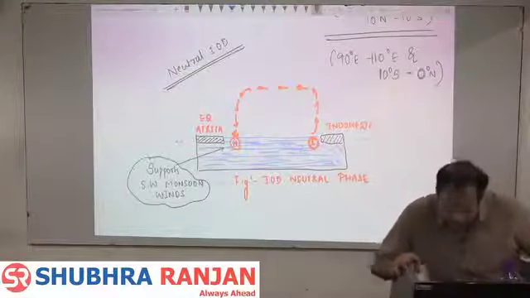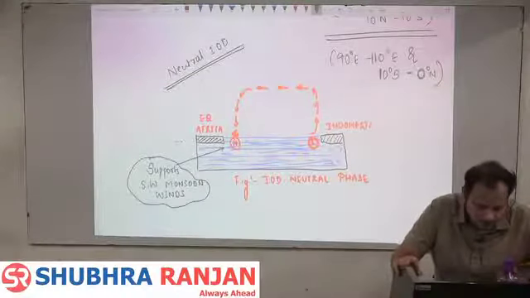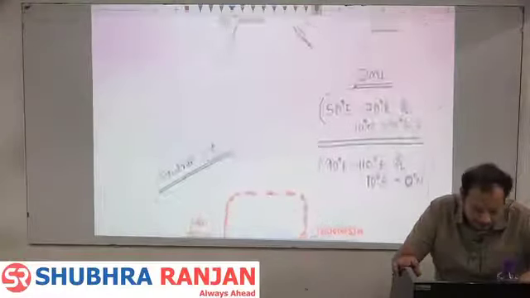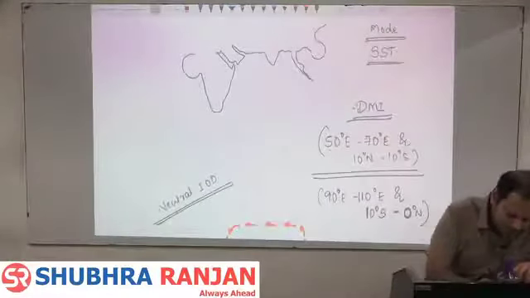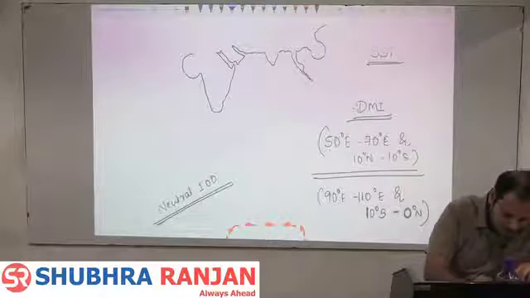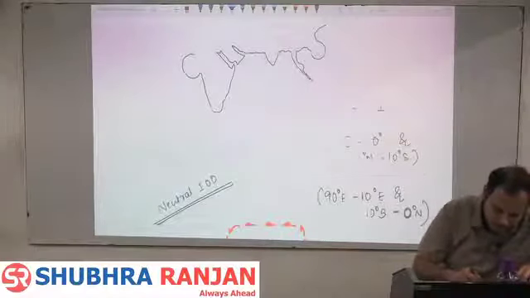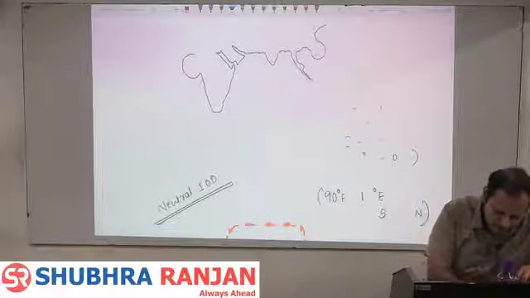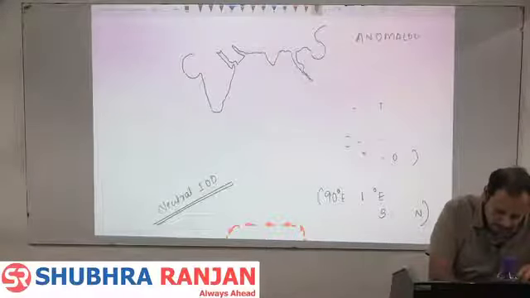Positive phase. In this phase, winds blow anomalously. Anomaly, you already know what is anomaly.